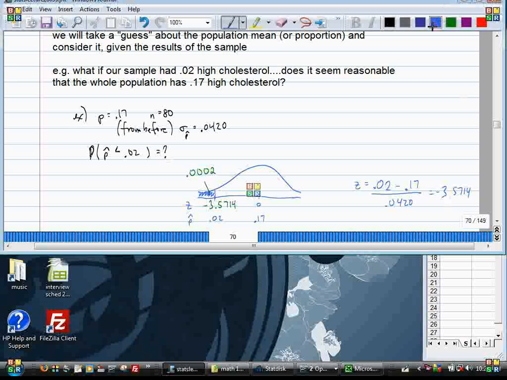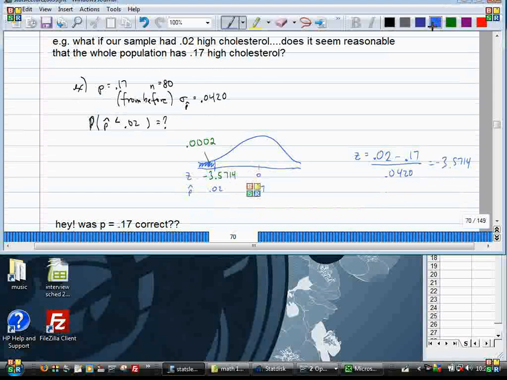So when we do a hypothesis test, what we're going to do is we're going to go back and say, hey, was p equals 0.17 correct? So what do you think? Does p equals 0.17, if we don't know it to be a fact somehow, does that seem reasonable, or does that seem like a good guess? No, why not?